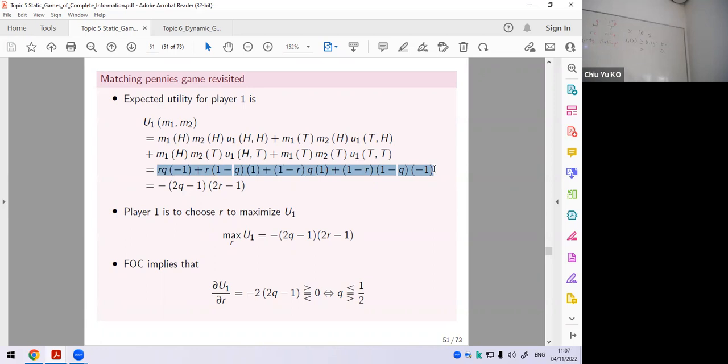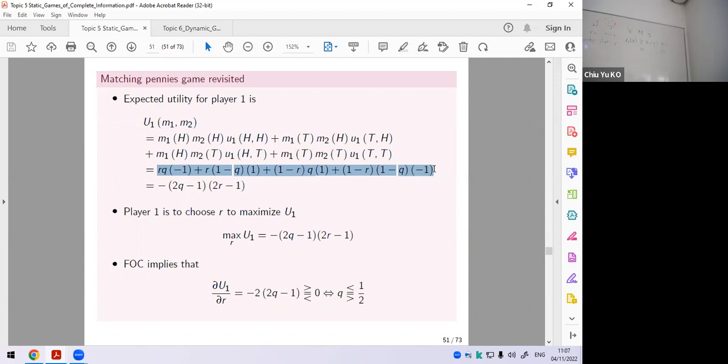Now the question is a little bit tricky, so we have to be very careful here. You are choosing R to maximize this, holding Q constant, because you are finding the best response for every possible Q. So you're doing a partial differentiation.